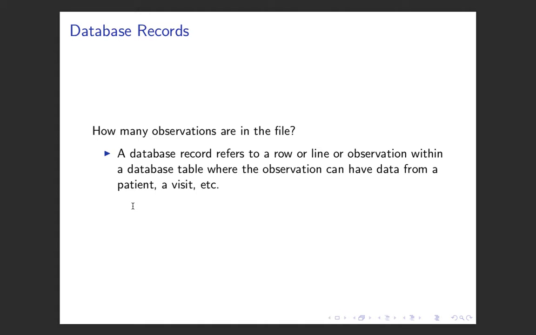I might also have another database. So this might be my individual database. I might have another database which is, let me call it, institutional or hospital level. So for example, let's say I'm looking at data across different hospitals.